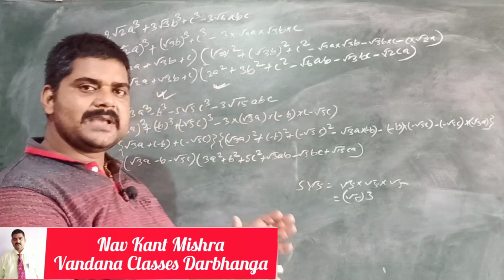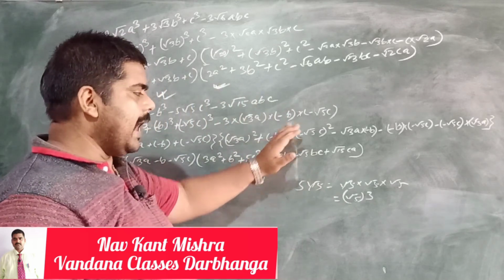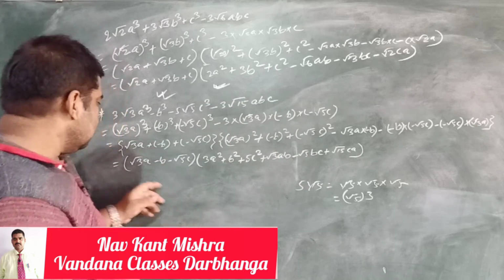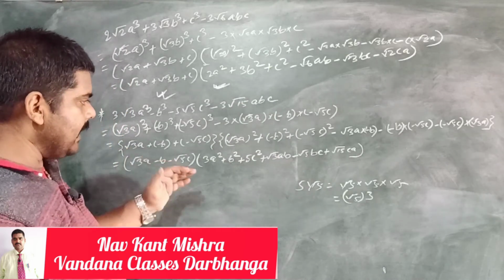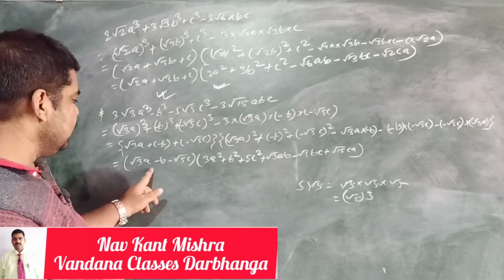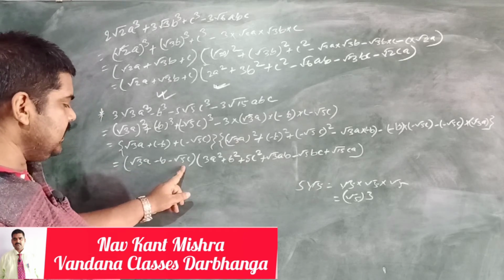So we have arranged it in this form, and after that you have to just solve, and in the final step we get root 3a minus b minus root 5c.